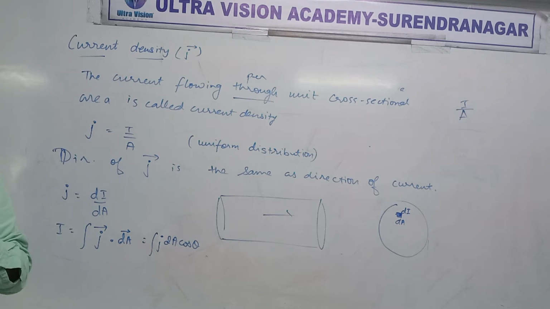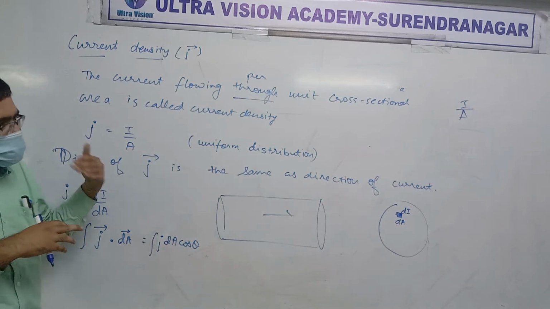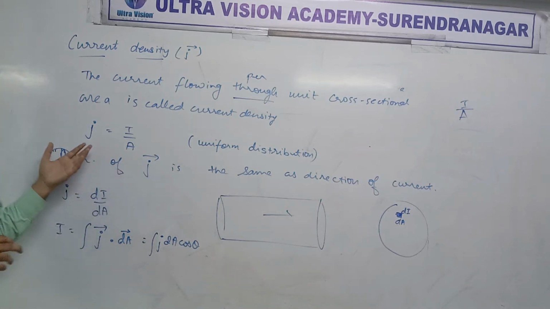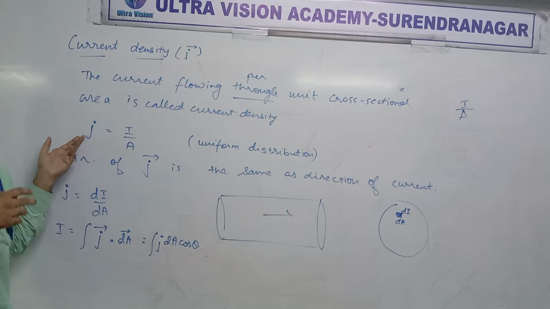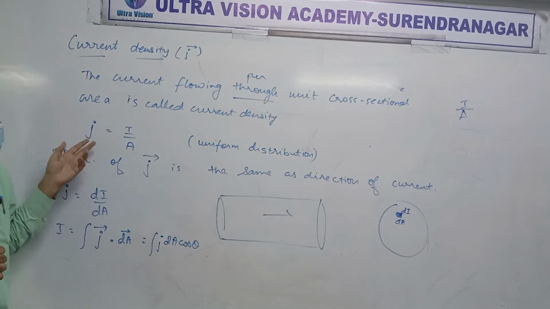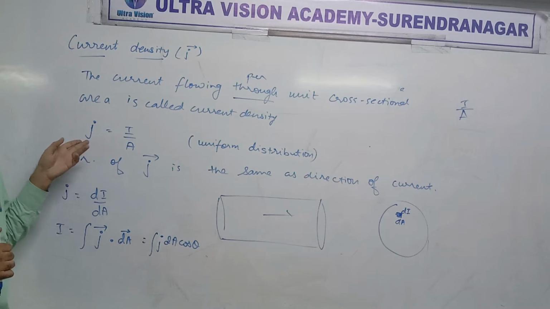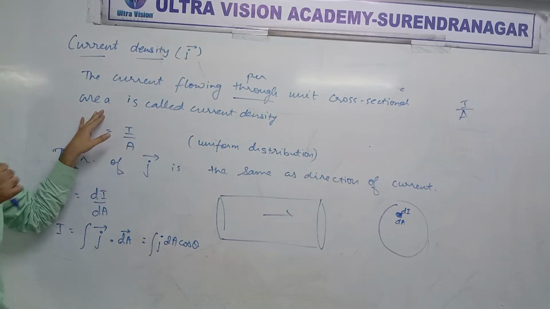And even though current is a scalar, we'll have to use its direction very often. Right? Such things obviously occur in more advanced physics, when we try to relate everything, for example like Maxwell's equations and all that. So at that time, it's better to have a definition for this quantity. That's why it's written as current density.